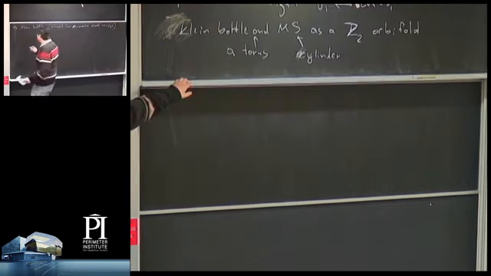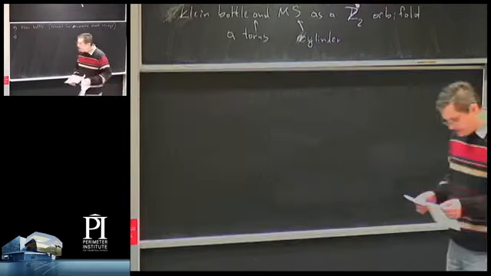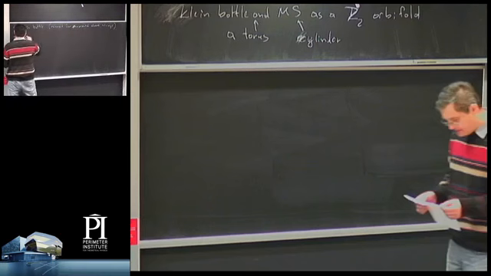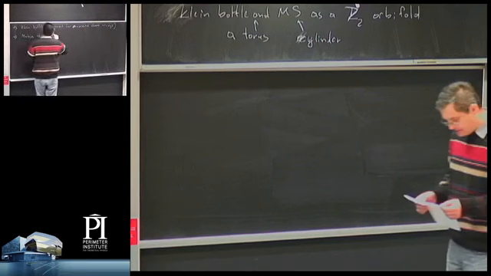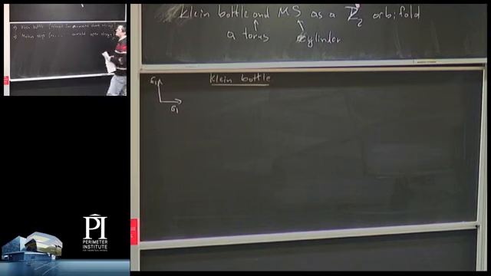And another first unoriented surface you have to deal with when you talk about open strings is the Möbius strip. And so this is relevant for open unoriented strings.